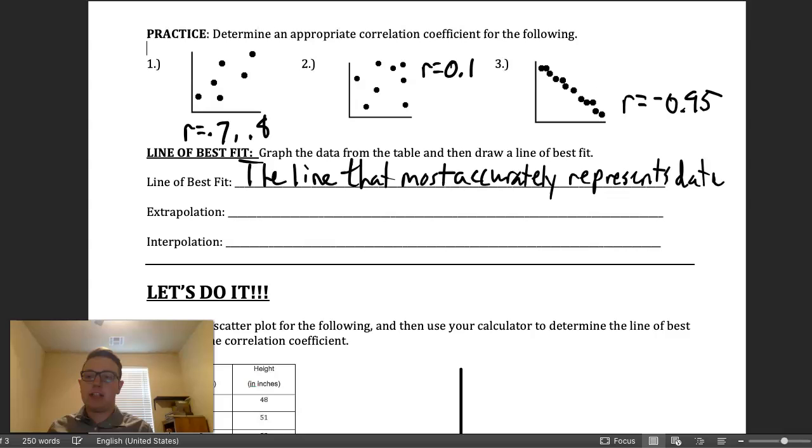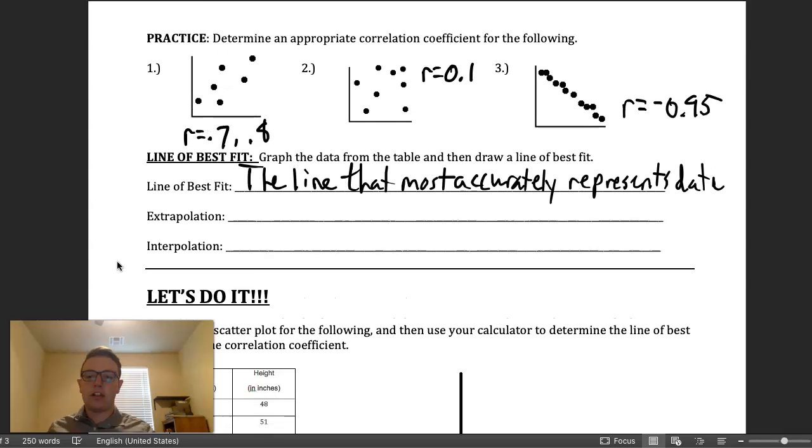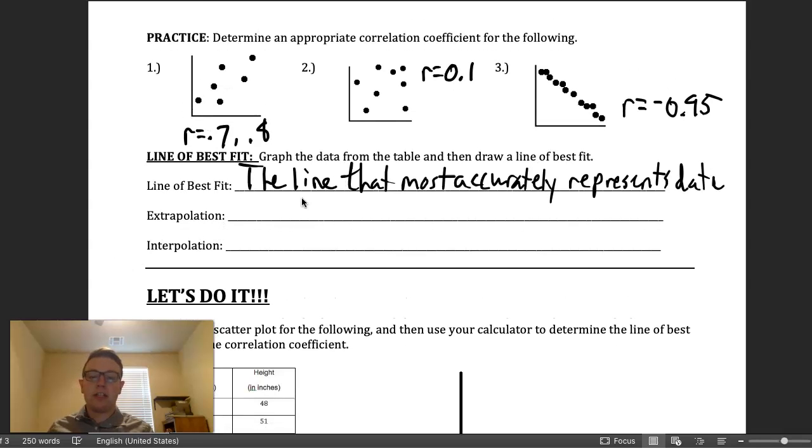What is extrapolation? Extrapolation is using the line of best fit to try to fit data outside of where your data is. It's making a prediction outside of your given data.